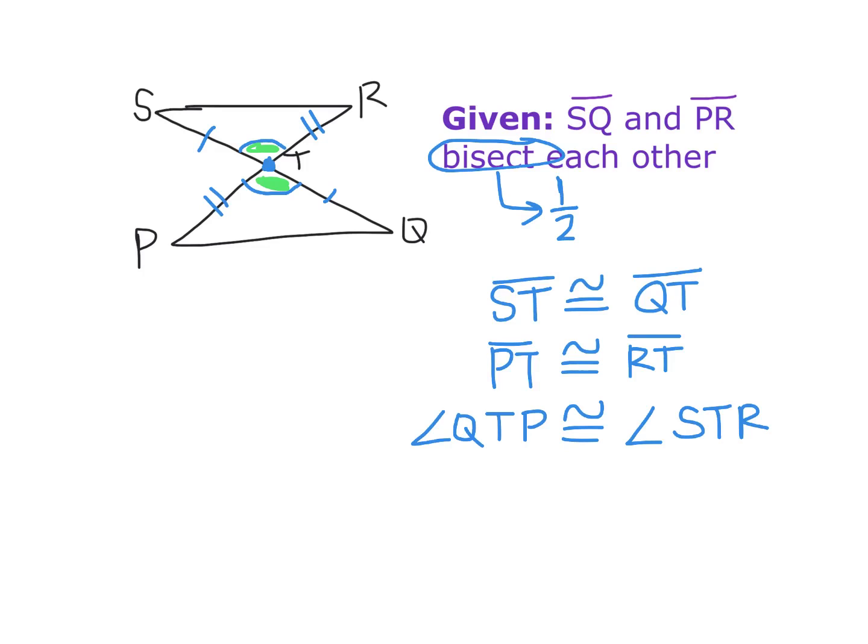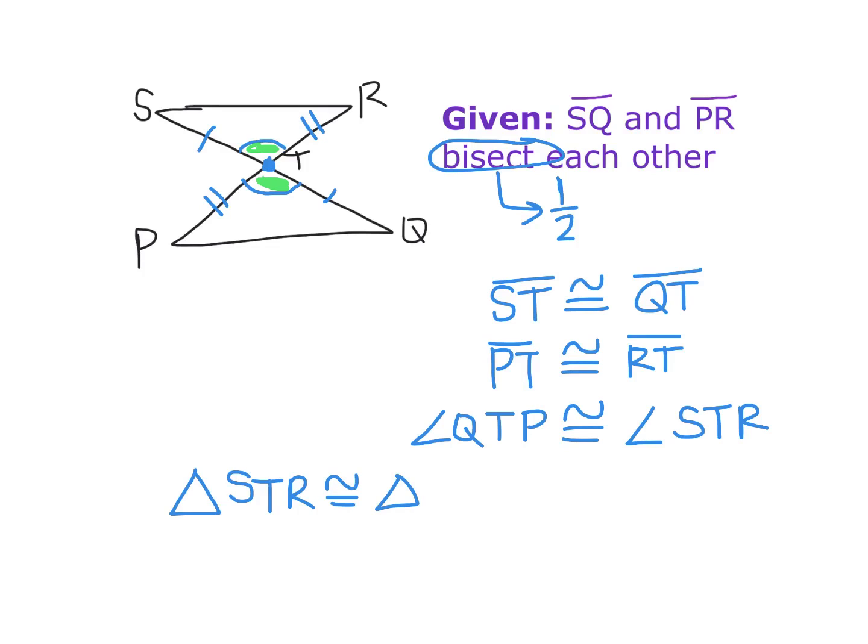So now I have enough information to prove that triangle STR is congruent. And just so you know, you could even put triangle TRS or triangle RST, as long as you're making sure in this congruency statement that when you're referring to the next triangle, you're matching up the letters correctly.